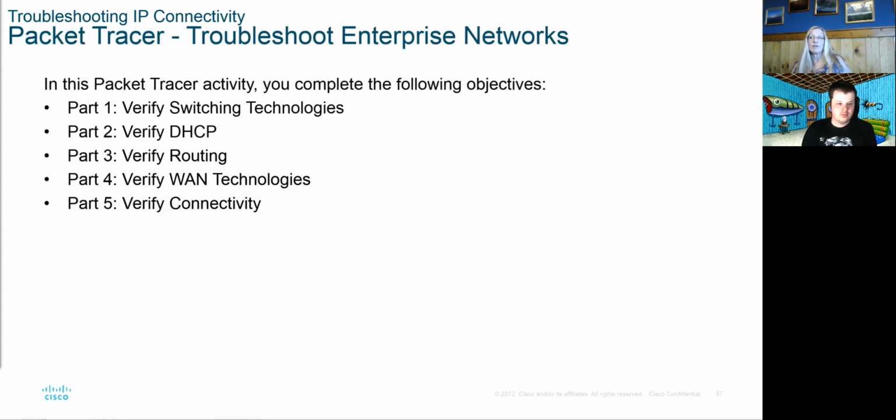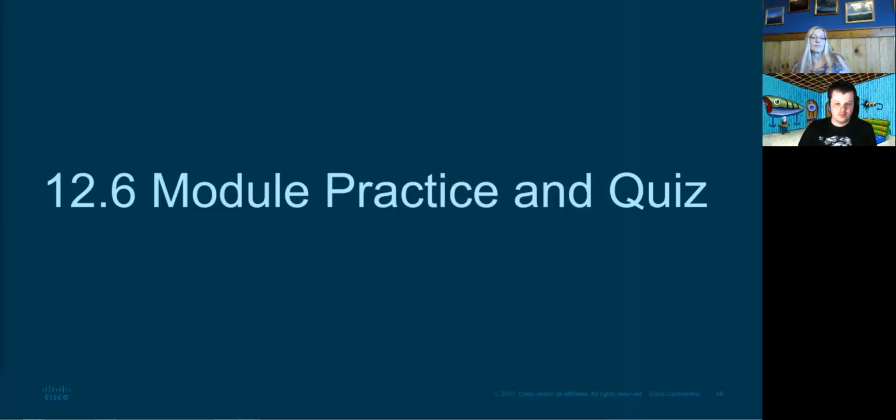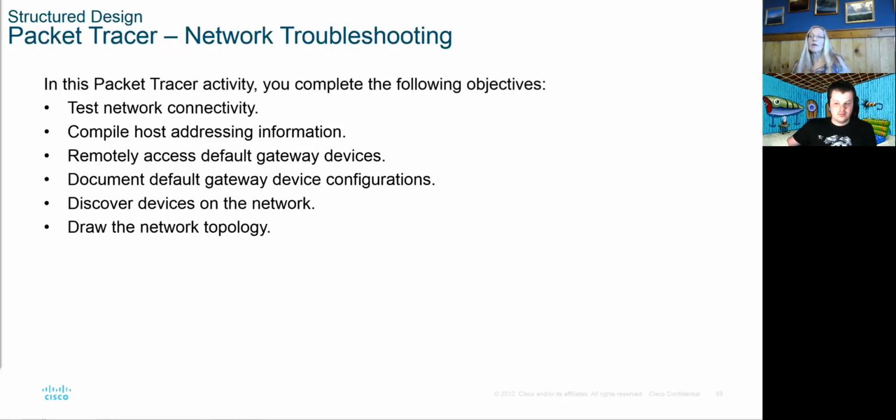So we've got a bunch of troubleshooting Packet Tracers for you guys to work on. Just think of them as puzzles. We went over network connectivity, compiling our host address information, our remote access default gateway issues, some of the devices on the network, and making sure that you have a network topology that is adequate.